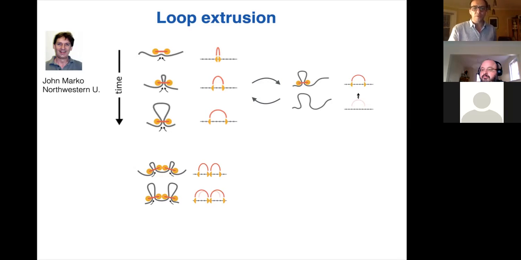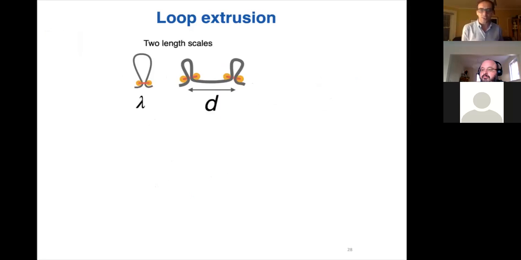And then when this hypothetical enzyme, this motor, falls off the DNA, the loop opens up. So first we just consider this system of loop extruders, and physically there are two regimes in the system. Before talking about the two regimes, there are two length scales in the system.